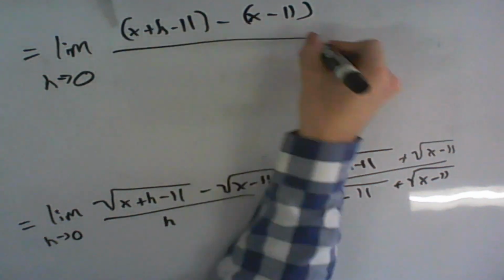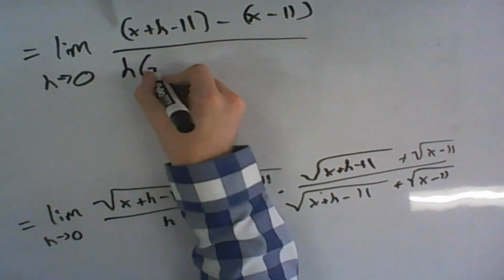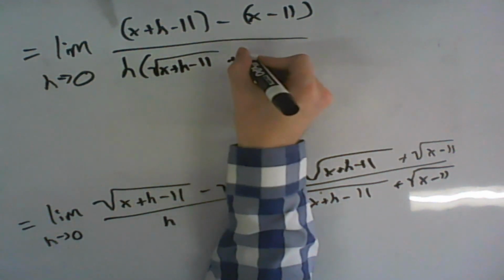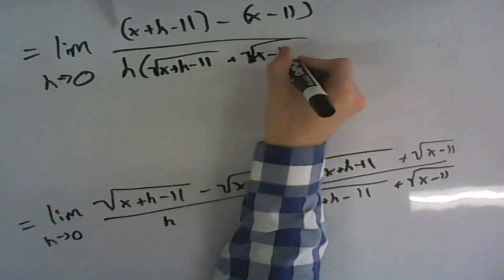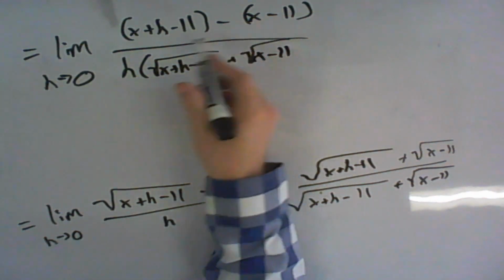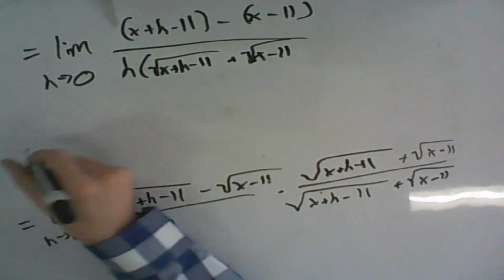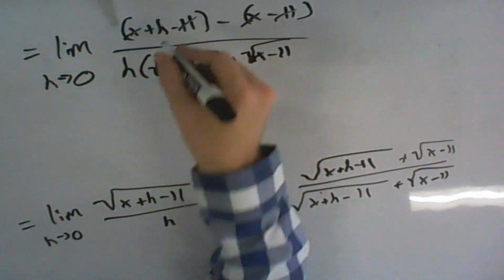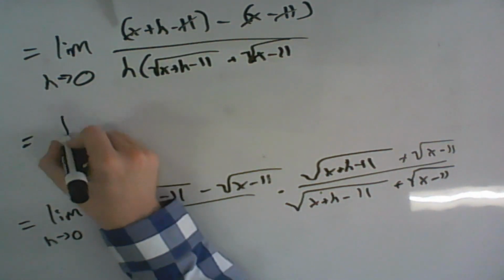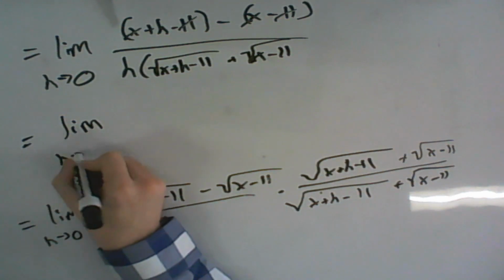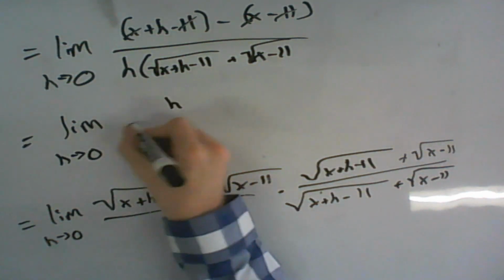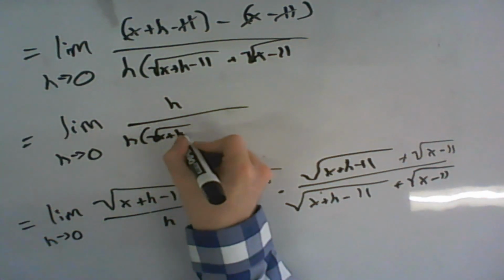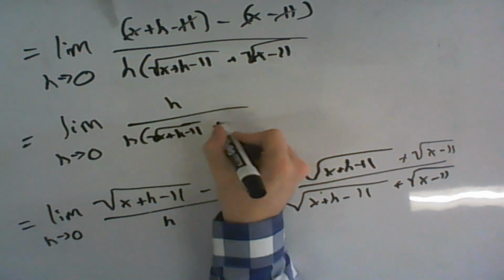The denominator is h times the square root of x plus h minus 11 plus the square root of x minus 11. Then the numerator cancels: the x's cancel, the 11's cancel, and all we get on top is an h. So we get the limit as h approaches 0 of h on the numerator and h in the denominator. What do we know when we have both of those? That we're going to cancel some stuff.